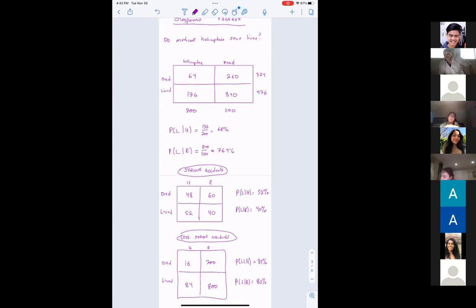So when I take those into account, I see very clearly that helicopters are always better, whether they're serious accidents or less serious accidents. Because in theory, the only difference between them is how fast you get to the hospital. For a helicopter, you don't have traffic, so you get there faster. That can't be a bad thing.